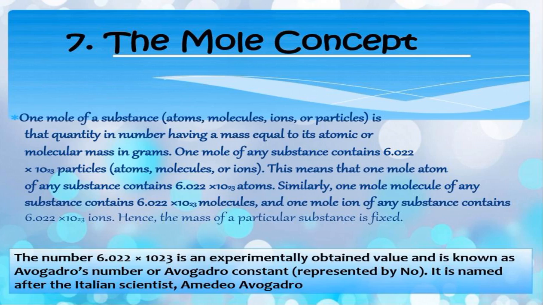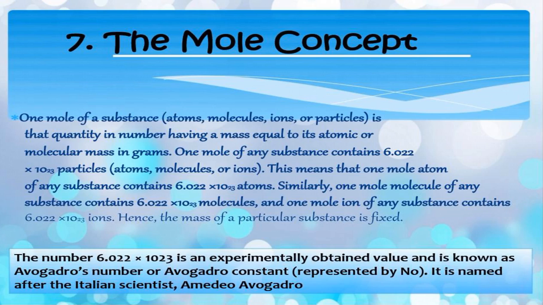This means that 1 mole of atoms of any substance contains 6.022 into 10 to the power 23 atoms. Similarly, 1 mole of molecules contains 6.022 into 10 to the power 23 molecules, and 1 mole of ions of any substance contains 6.022 into 10 to the power 23 ions.